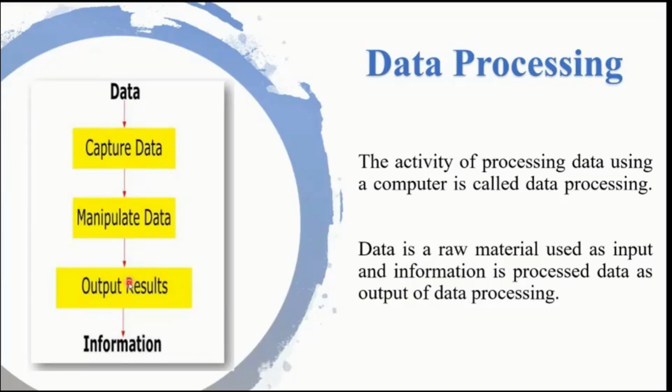This is the data processing, and at the end of this processing, we can get and receive the information as an output. It means that we will have data in the input of a system and information at the output of the system.